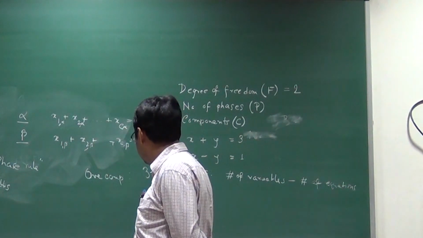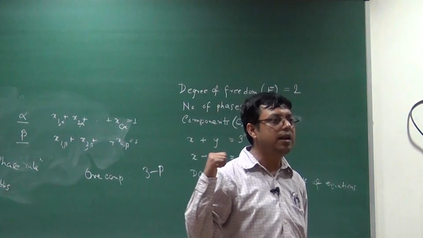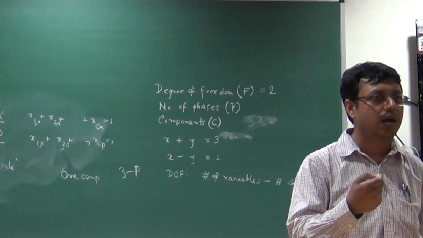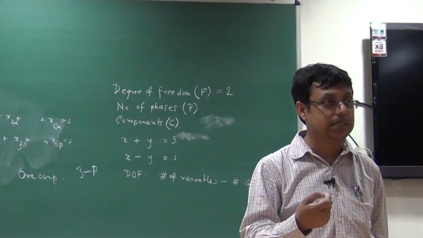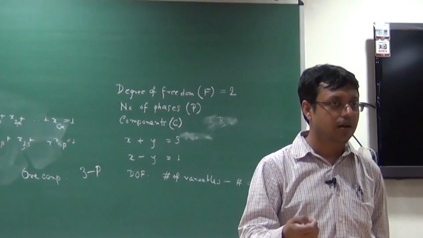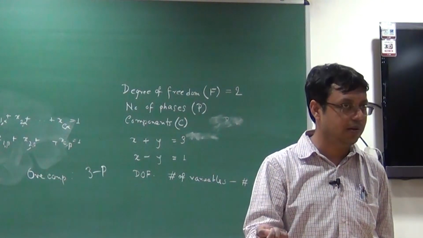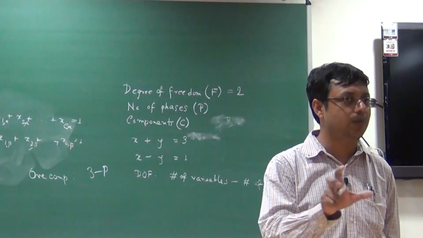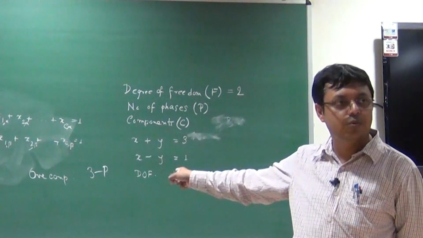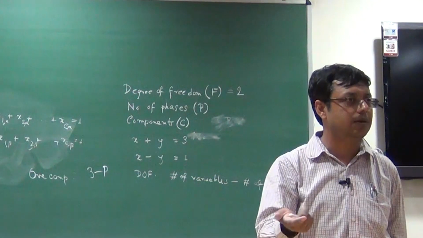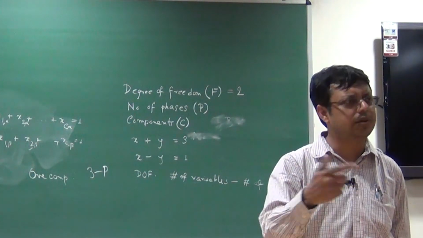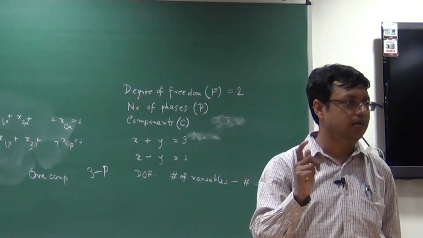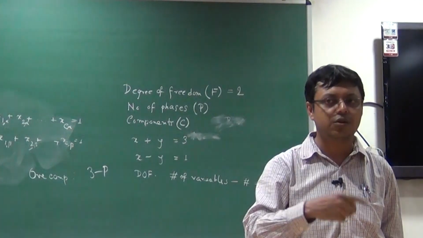If you are considering only one phase, I am asking how many intensity variables you need to draw the behavior, for say water in the vapor phase. With P equal to 1, you need 2. 3 minus 1 is basically 2, which are pressure versus temperature. Or you can have pressure and volume, that is your original choice. Like I can draw Boyle's law, I can draw Charles' law, whatever.